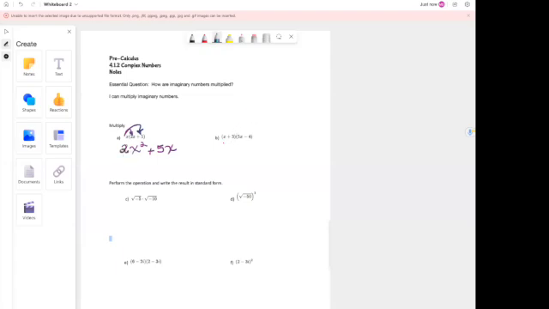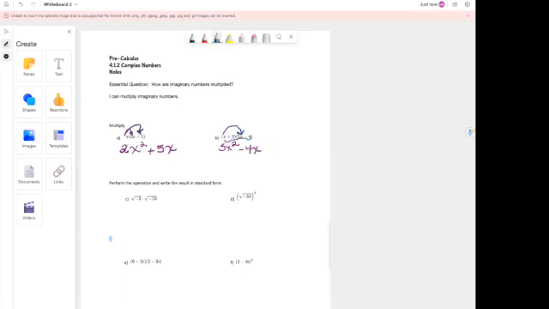Now, for this one, we have to use FOIL because it's a binomial, 2 terms, times a binomial, 2 terms. So I'm going to take x times 5x, I get 5x squared. I'm going to do the outside, which is x times -4, so that's -4x.